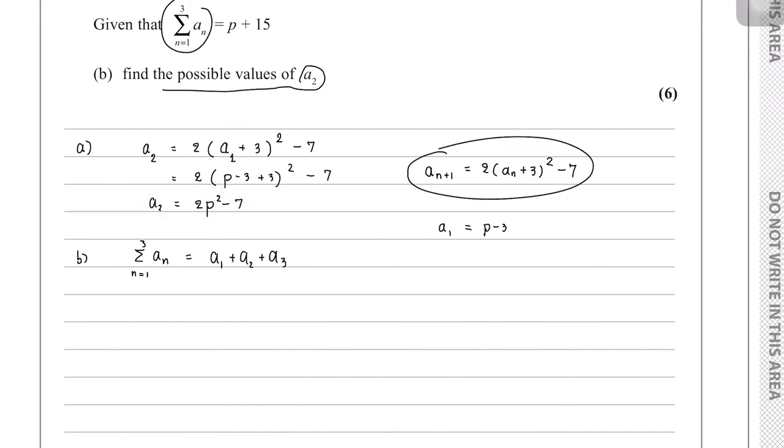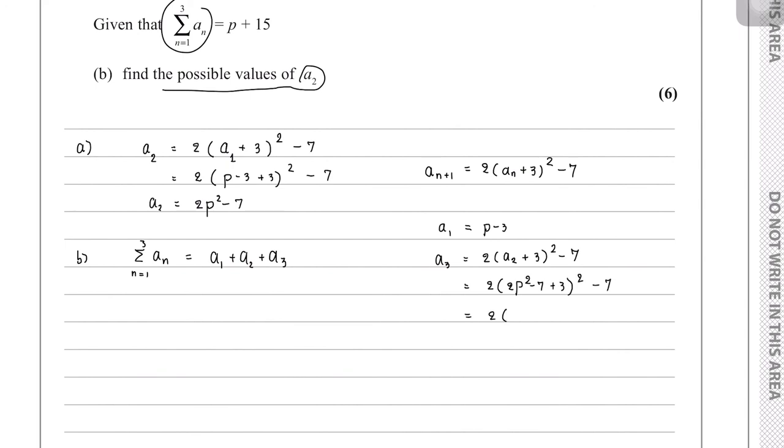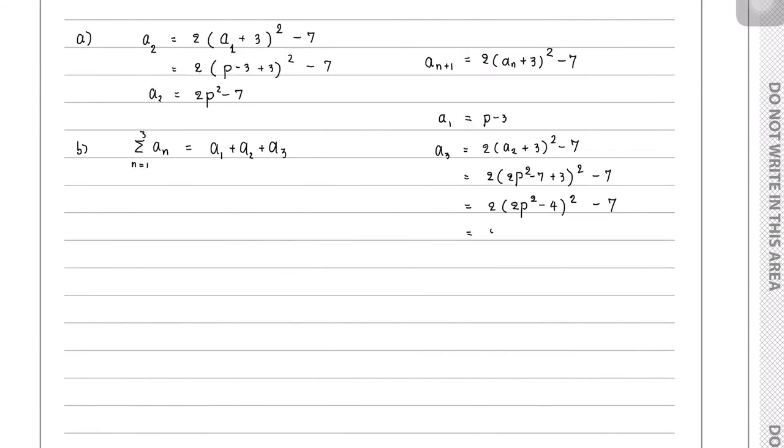According to this information, we know that a3 equals 2 times (a2 plus 3) squared minus 7, which is 2 times (2p squared minus 7, plus 3) squared minus 7. 2 times (2p squared minus 4) squared minus 7, and it will be 2 times (4p to the power 4 minus 16p squared plus 16), and minus 7 here, which is 8p to the power of 4 minus 32p squared plus 25.